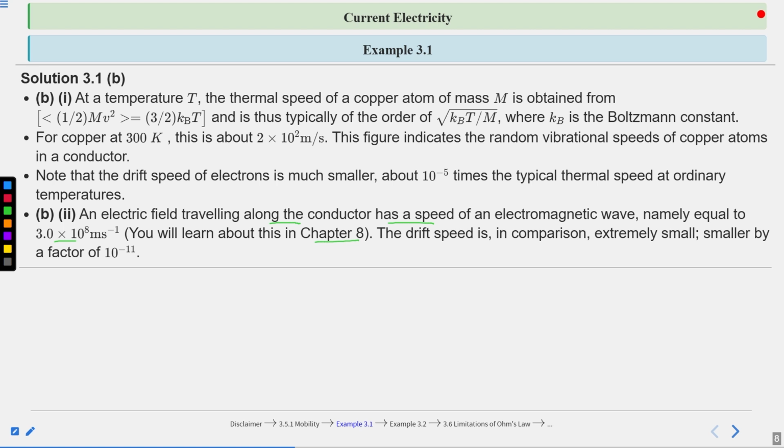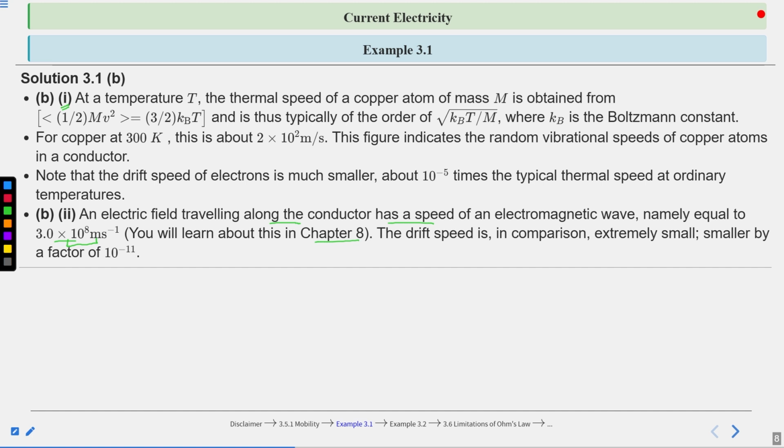So the speed of the electric field is of the order of 10 raised to power 8 meter per second. Now we are going to compare it with the drift speed. The drift speed is in comparison extremely smaller, by a factor of 10 raised to power minus 11. I have explained in the first part how to do the comparison.